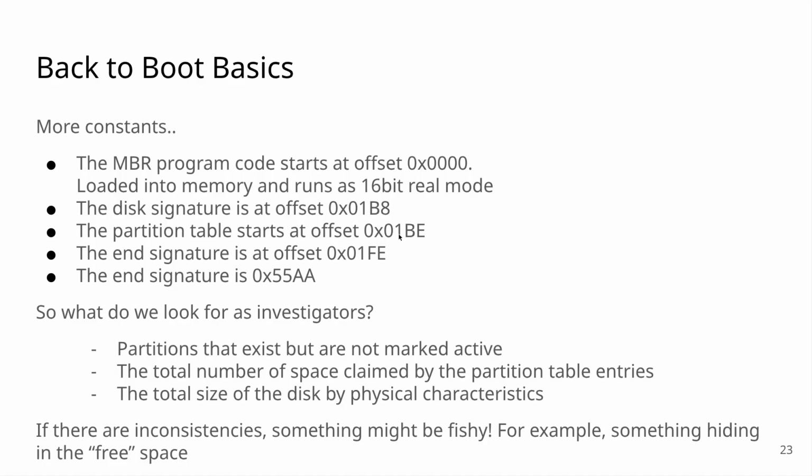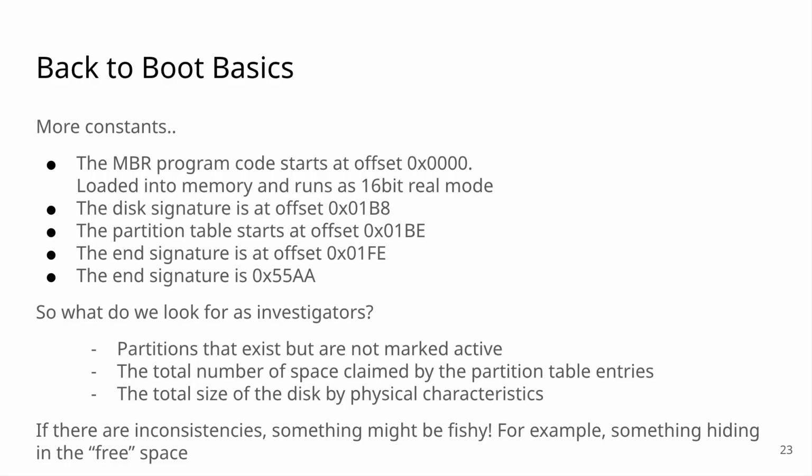Then we talked about the partition entries that start at 1BE, and the end signature that should be at offset 1FE, and should be 55AA. Now, what we're looking for when examining an MBR is whether we see the same number of partitions as we expect, whether the partitions are marked active or are inactive partitions that we're not able to boot but are there, whether the layout makes sense for the characteristics of the disk in front of us, and whether there is any free space.